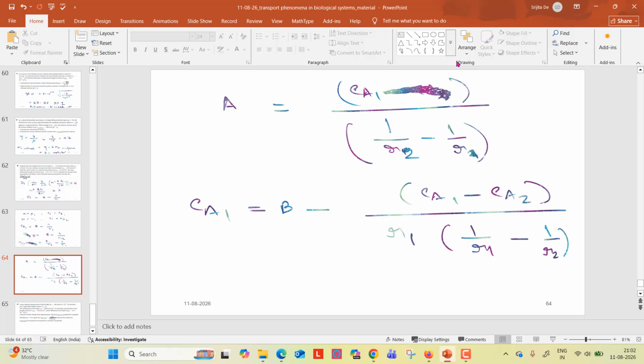And we do not calculate B from here, we'll calculate B from the next equation. So B will be minus A by R2, right?